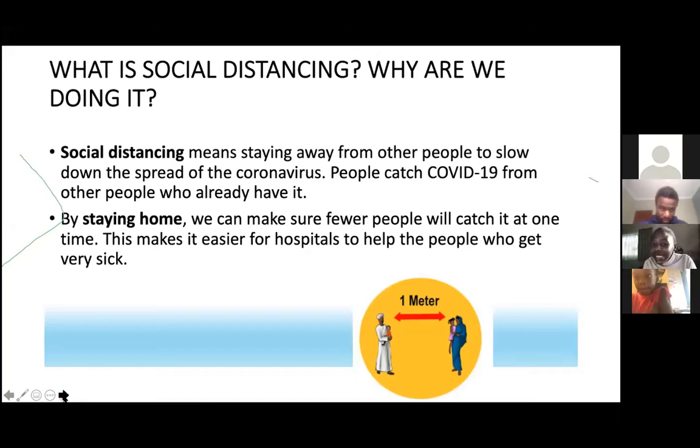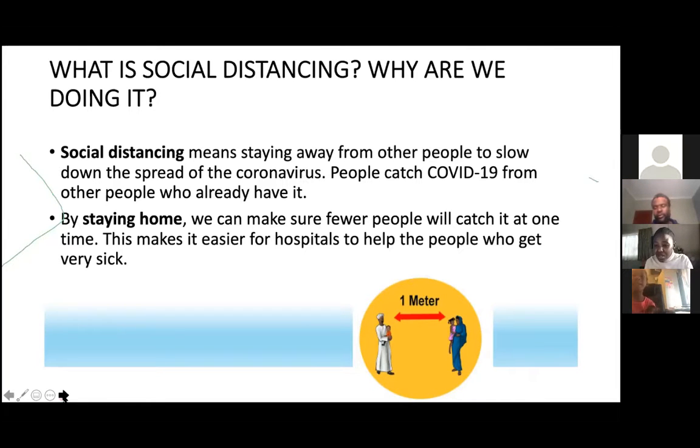So social distancing means whenever you are with your friends or with family, or people you don't know, or you are out at the shop, you must always try not to be very close so that they can touch you. You must keep an arm's length from everyone, right?